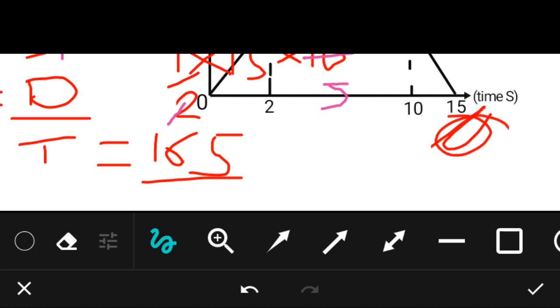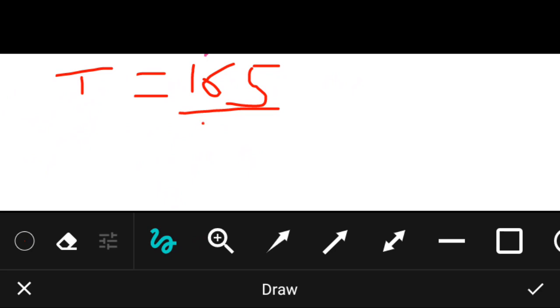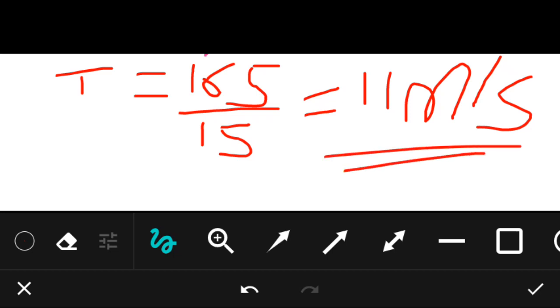So that is the time we are going to indicate there. So let's put 15 down there. Then that will be equal to, when you divide 165 by 15, you get exactly 11 meters per second. Then that is the answer.